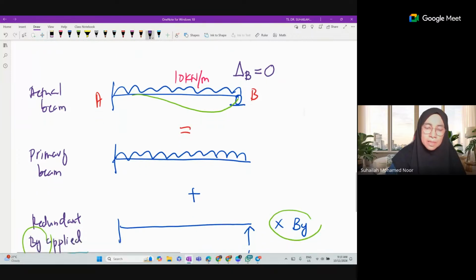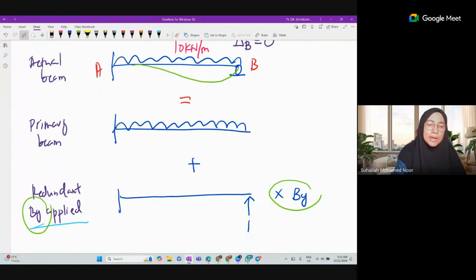Next, primary beam. Whenever the cantilever beam is subjected to UDL 10 kilonewton per meter, what happened? There is no roller anymore. It is a cantilever beam. It deflects like this, because there's no more roller here. It deflects like a cantilever beam.